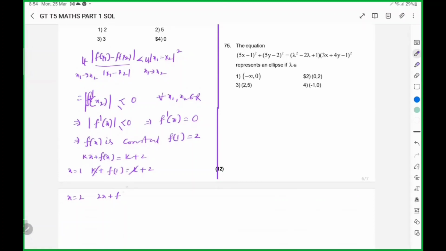When x is 1, this, when x is 2, k plus 2. Since f is constant, 2k plus 2 equal to k plus 2, which is k equal to 0.